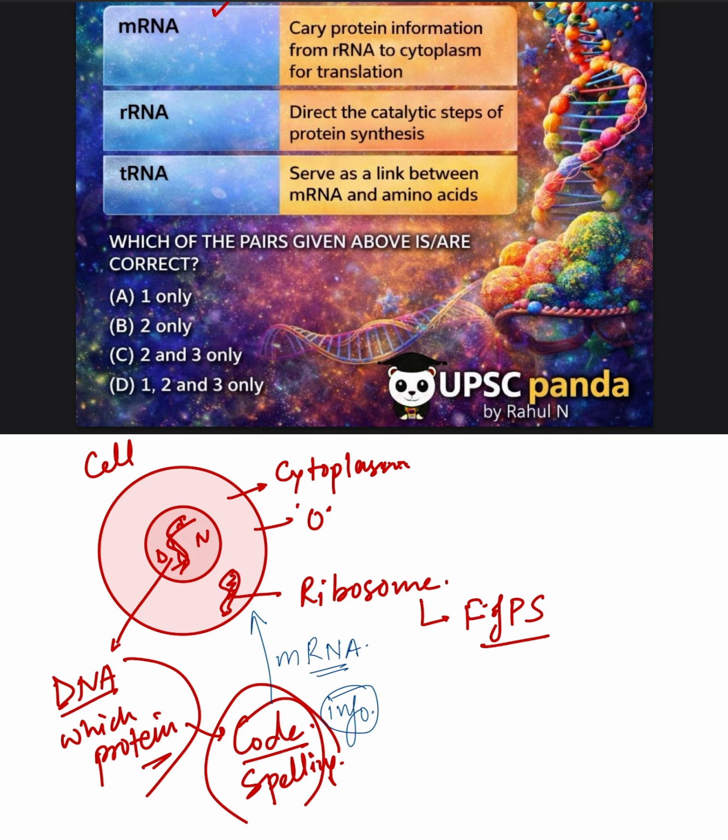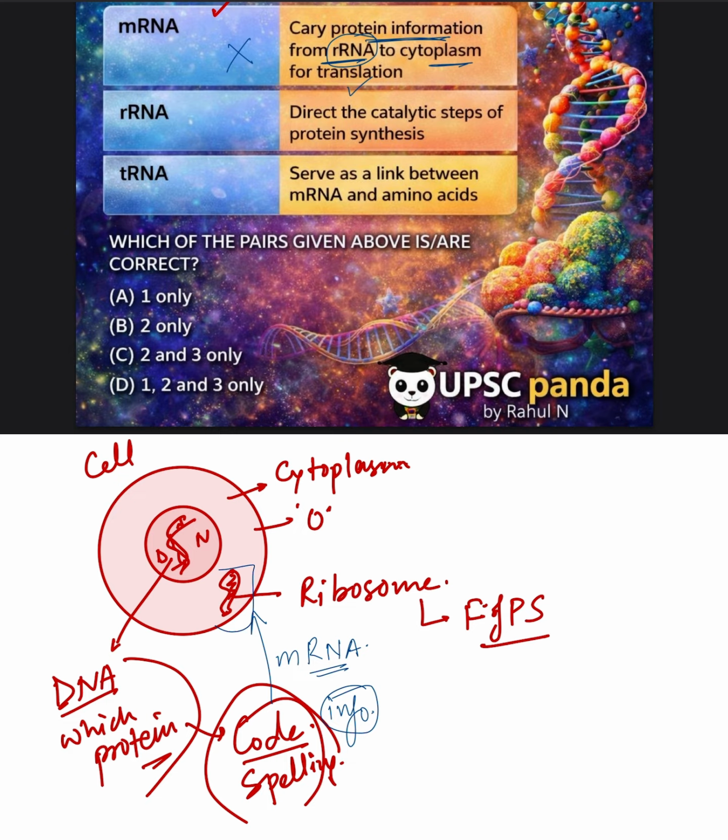So this is the mRNA. See what it says: it carries protein information from rRNA to cytoplasm for translation. No, not from rRNA. It will take protein information from DNA to ribosome or to cytoplasm. So this is wrong.